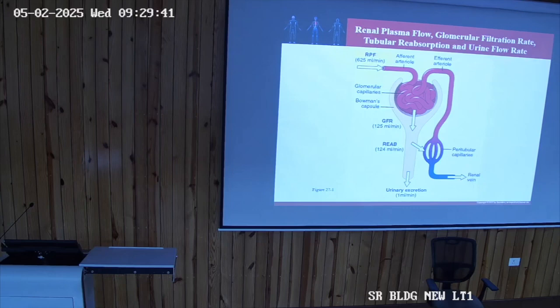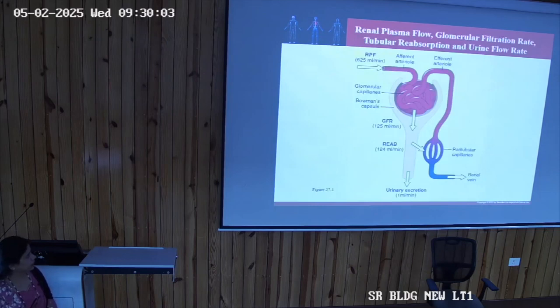Okay, amount of filtrate coming from blood and from both the kidneys, all the nephrons are involved, and per minute how much is getting filtered. That is GFR, glomerular filtration rate.